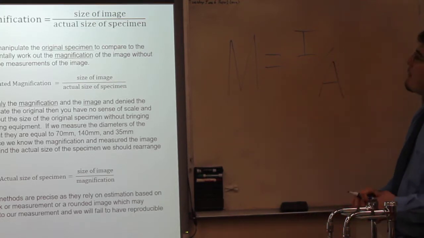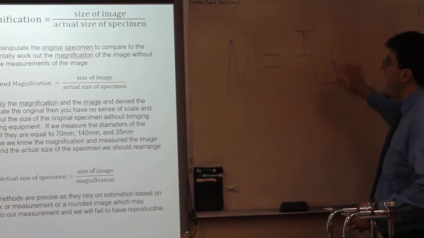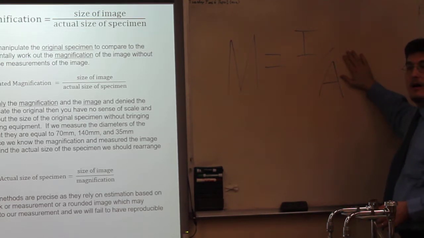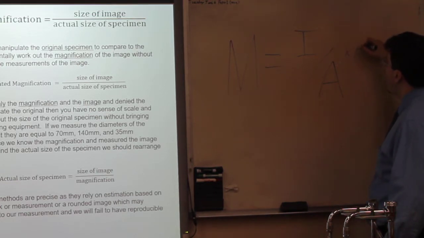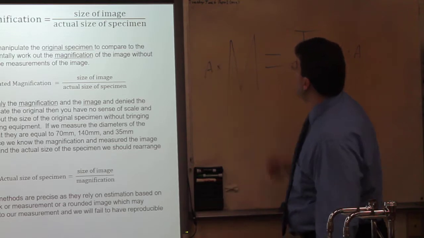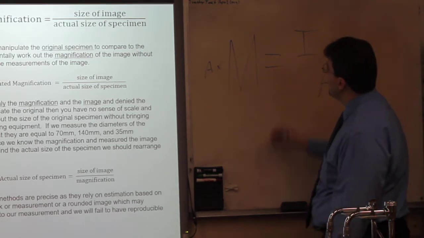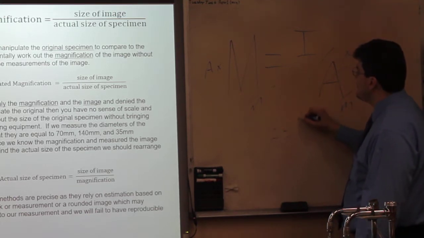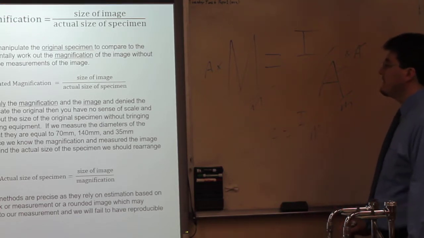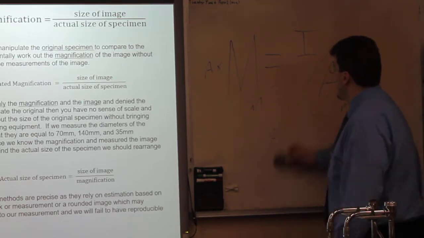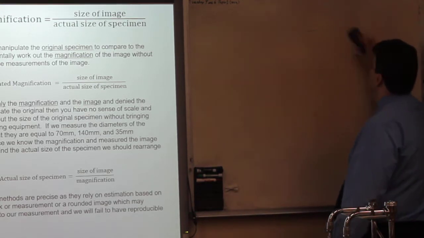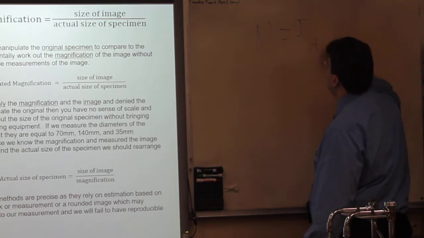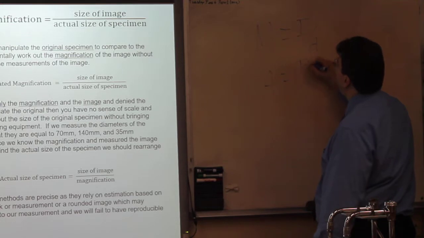Magnification equals image size over actual size. If I want my actual size, I can multiply both sides by actual size, cancel out my actual size, and divide both sides by magnification, and that will give me actual size is equal to image size over magnification. Same thing. So this effectively means M equals I over A, and A equals I over M.